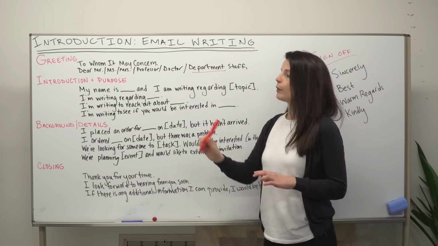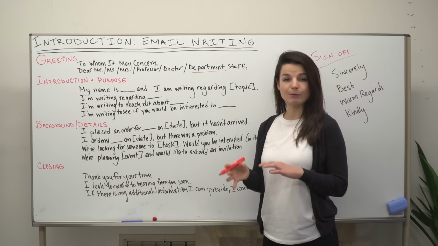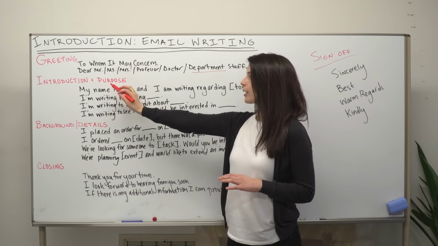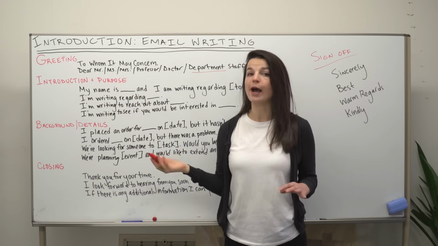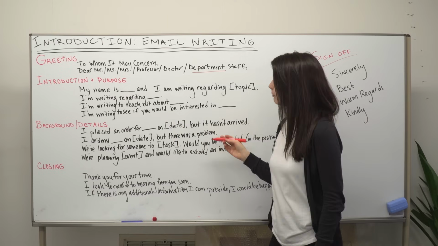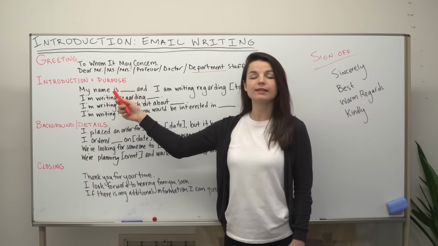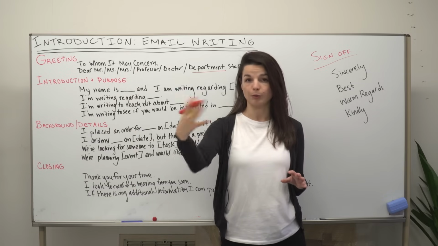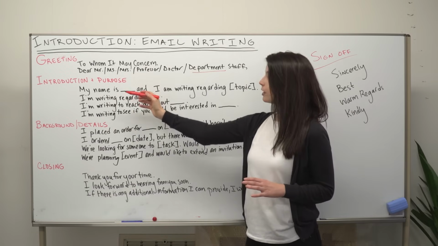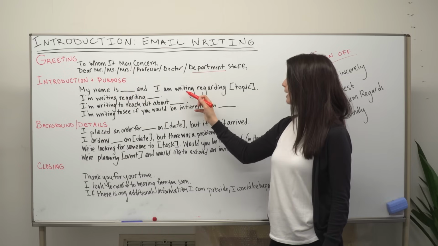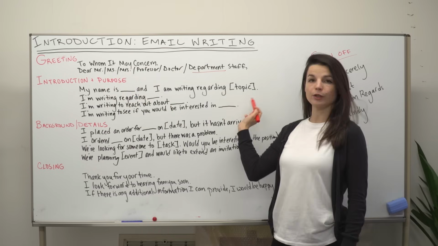Okay, so once you have written your greeting at the beginning of the email, then you can go into your introduction and your purpose. So why are you writing the email? These are a few patterns that you can use. First, my name is. So if this is the first time you have contacted the other party, the other person, you can use this to introduce yourself. So in my case, my name is Alicia, and I am writing regarding and then your topic.